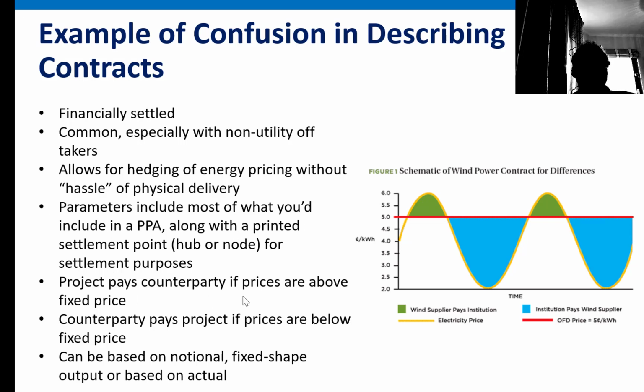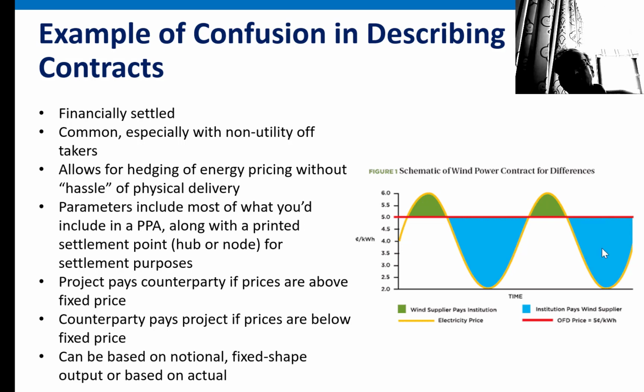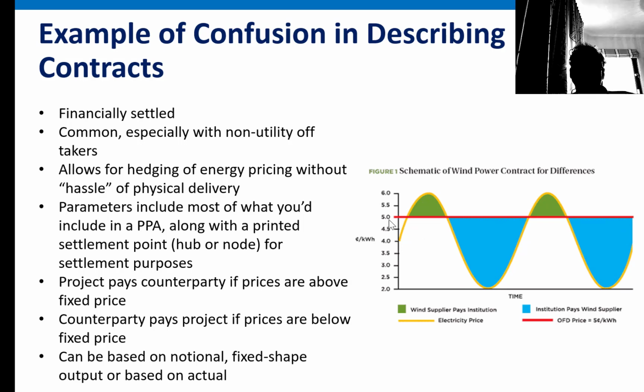And then it says, if the price is above fixed price, will you pay? So here's the fixed price. And if the prices are above that, you pay. If they're below that, he pays. And basically, you're selling into the market at these prices, and by somebody else buying what you're selling and then giving you a fixed price, you're pricing. Any swap does that. And you can go through it slowly. It's worth going through it.